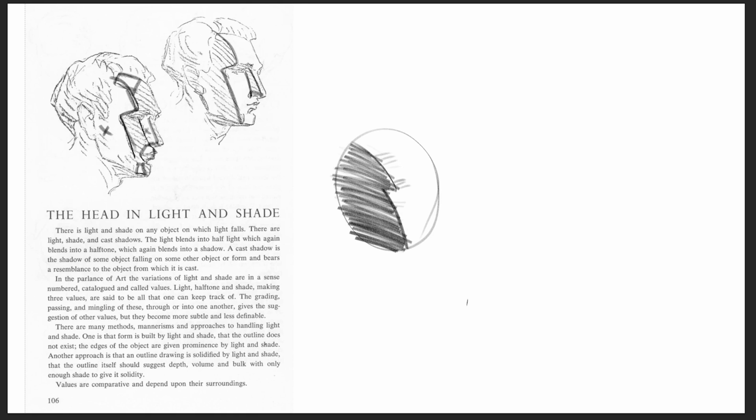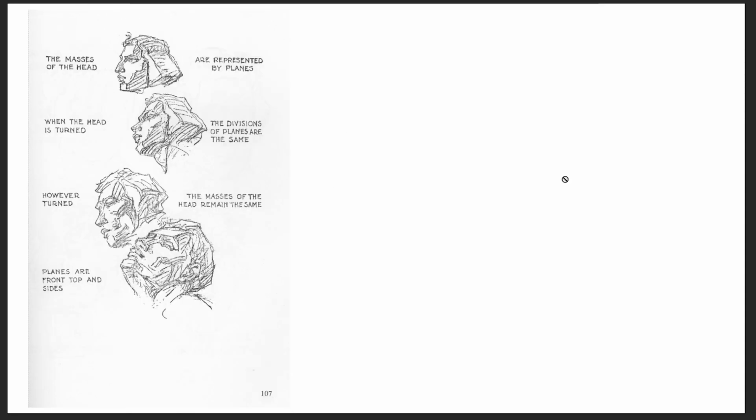The shadow is very clear and distinct, as is the border where the light and shadow meet each other. There is a transitional edge along here, but you don't push those gradations until you define the shadow very clearly. And as he says here, the masses of the head are represented by planes. When the head is turned, the division of the planes are always the same.